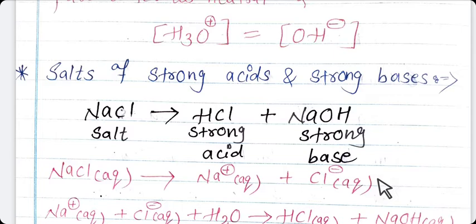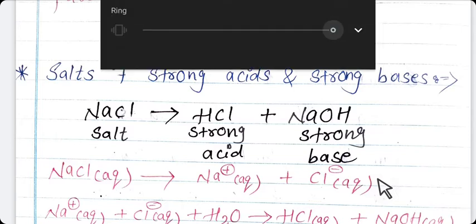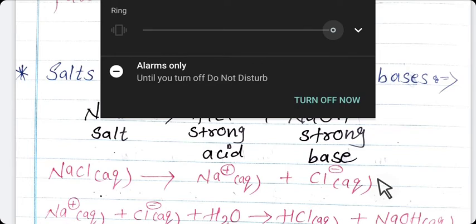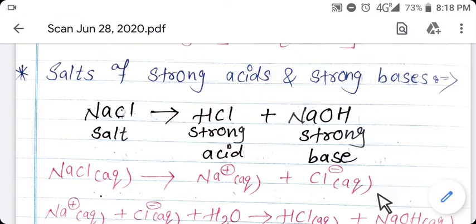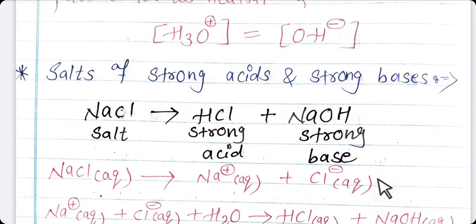So the ions Na+ and Cl- have no tendency to react with water. This is because the possible products, NaOH and HCl, of such a reaction are strong electrolytes and dissociate completely in aqueous solution.